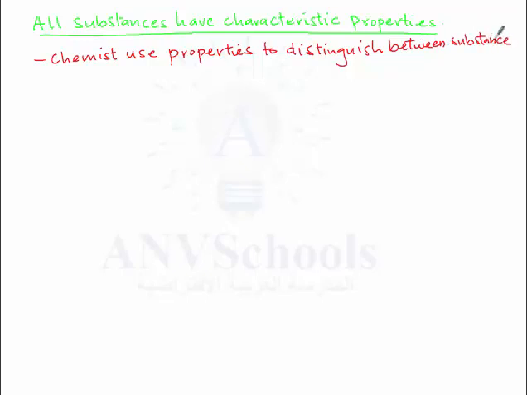So if we don't know the property of a substance, then you cannot be able to categorize it or to separate it from others. So to distinguish a substance, you have to use the properties. Most chemist investigations are related to or depend on the properties of substances.